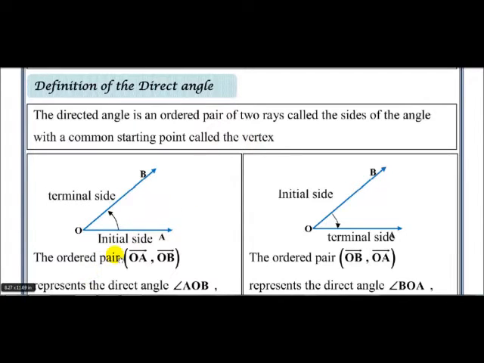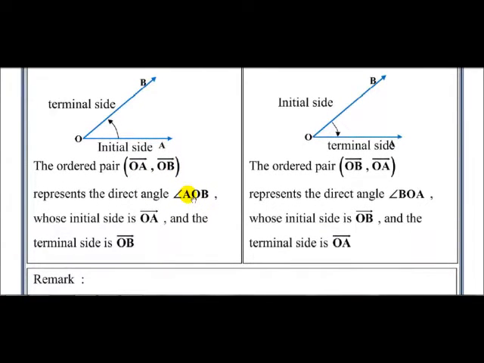This ordered pair represents the directed angle AOB. To write its name, you write the first letter on the initial side, then the vertex, then the terminal side: angle AOB, whose initial side is OA and terminal side is OB.